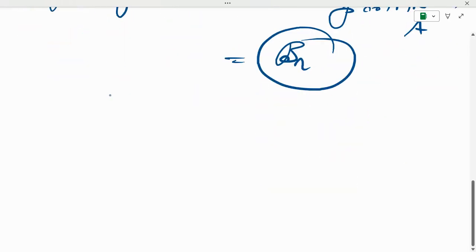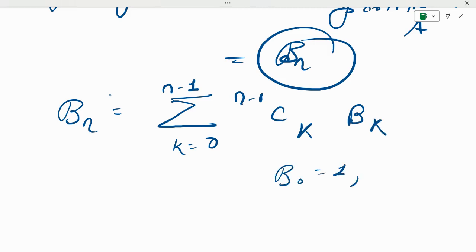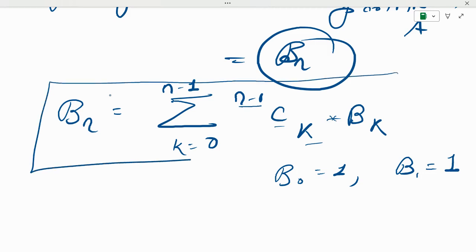The Bell number can be calculated as Bn equal to the sum from k equal to 0 to n minus 1 of (n minus 1) C k times Bk, where B0 is equal to 1 and B1 is equal to 1. So this way we can determine the number of partitions on A.